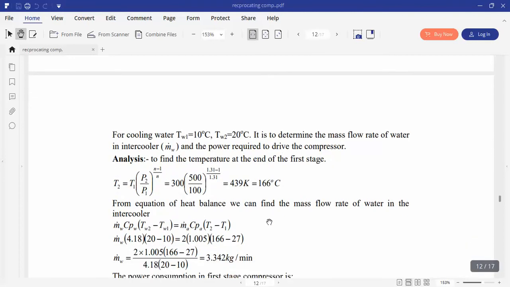And from the heat balance equation, m dot w Cpw (Tw2 minus Tw1) equal m dot a Cpa (T1 minus T2), so m dot w into 4.18 into (20 minus 10) equal 2 into 1.005 into (166 minus 27).